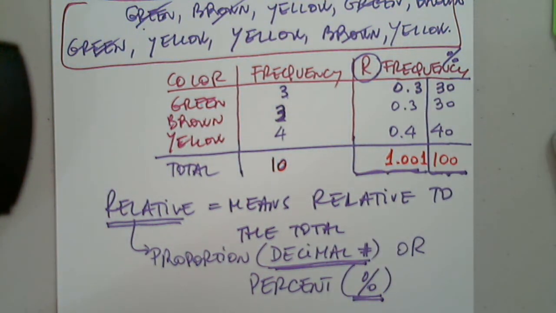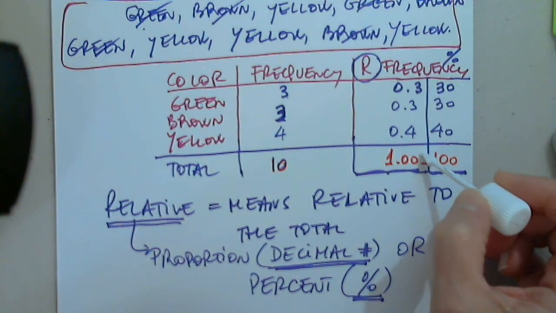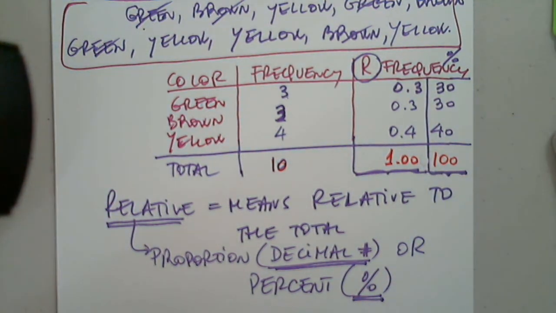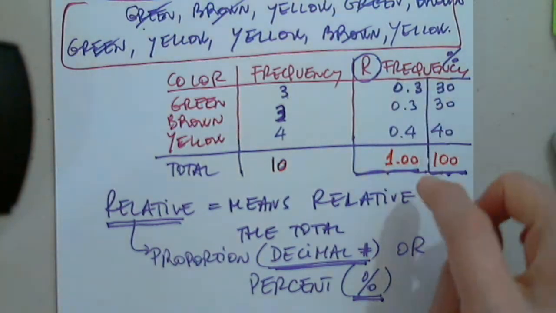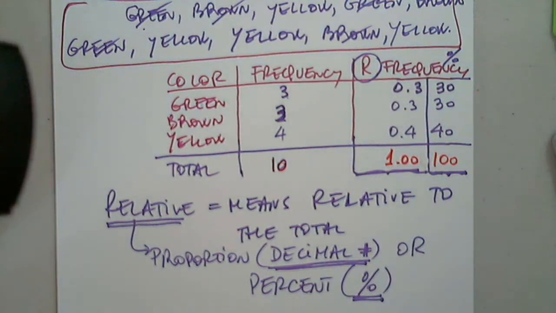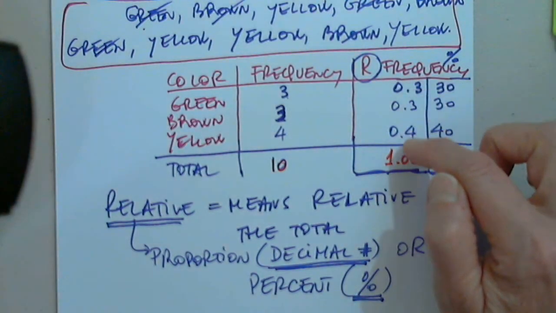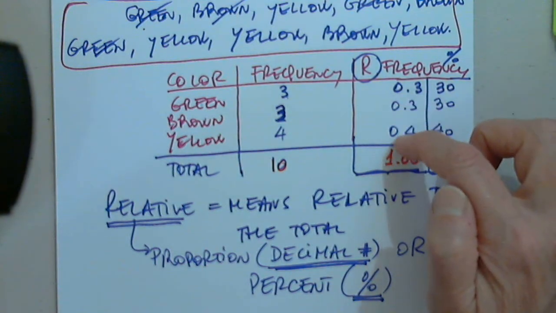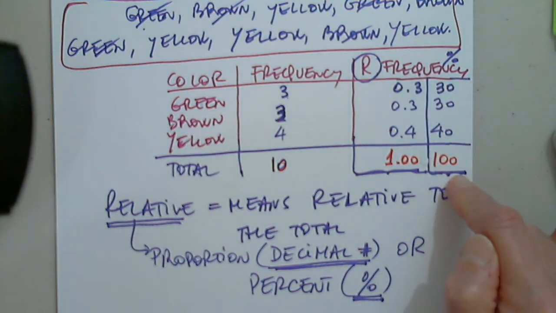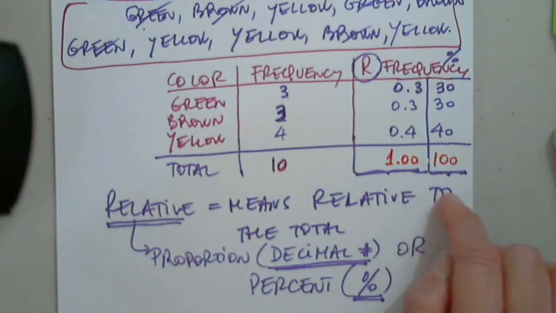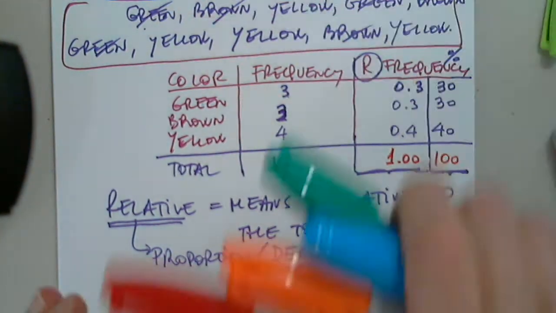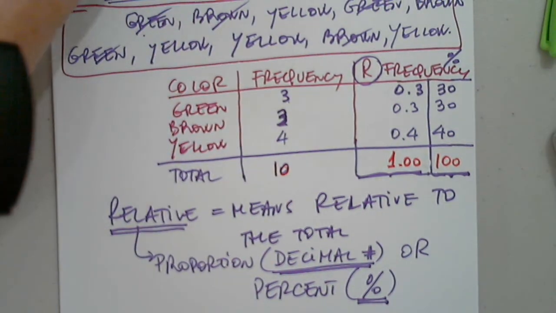You always have to show that this sum is 1 and this sum is 100, depending on what you are asked to do, either in decimal form or in percent.